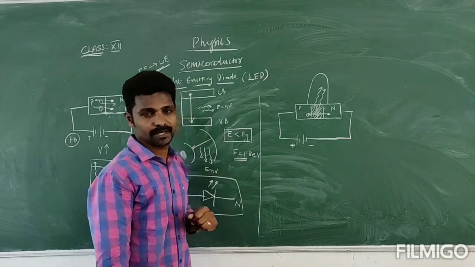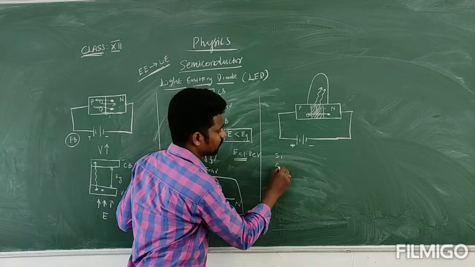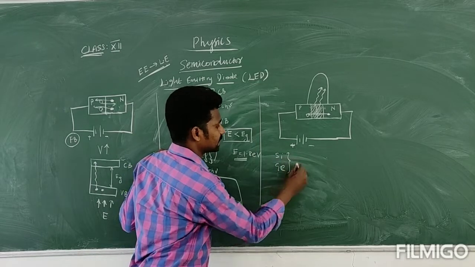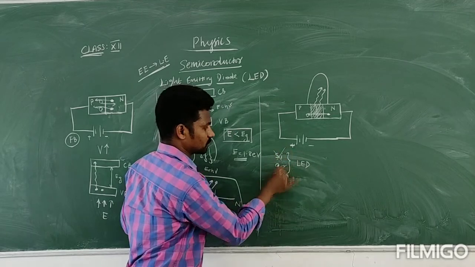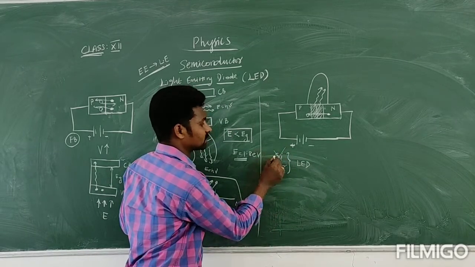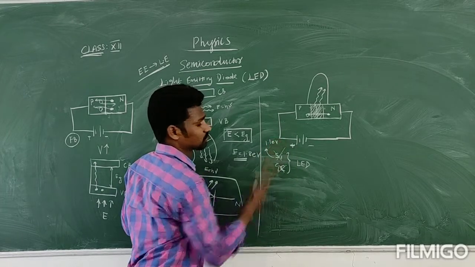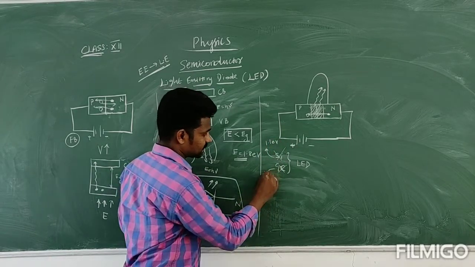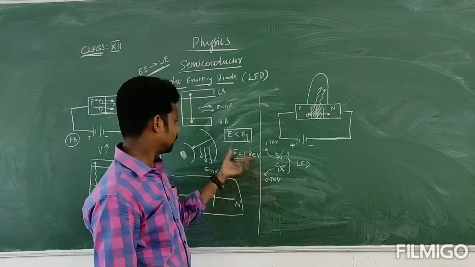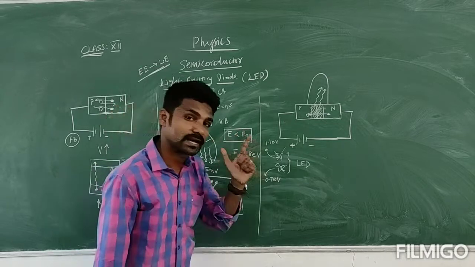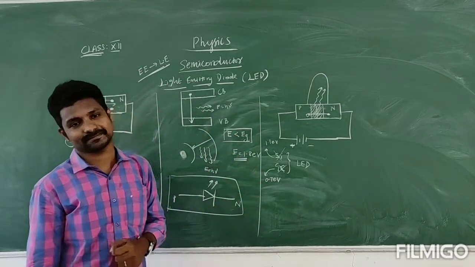So the minimum energy level is 1.8 electron volt. Can we use silicon and germanium as an LED? No, we can't use them, because we know that for silicon the energy gap is 1.1 electron volt, and for germanium it is 0.7 electron volt. But the minimum energy level required is 1.8 electron volt. Then only we can get visible light.